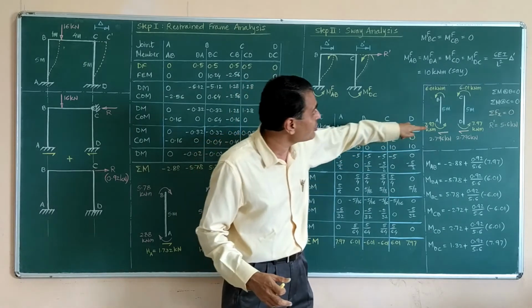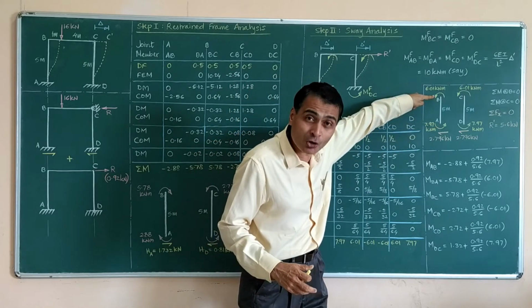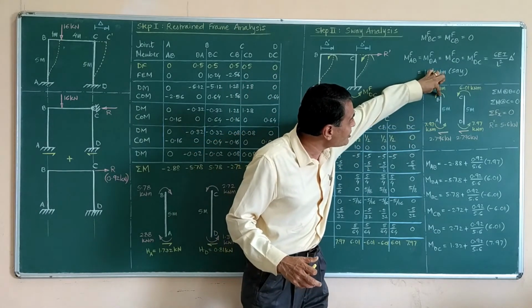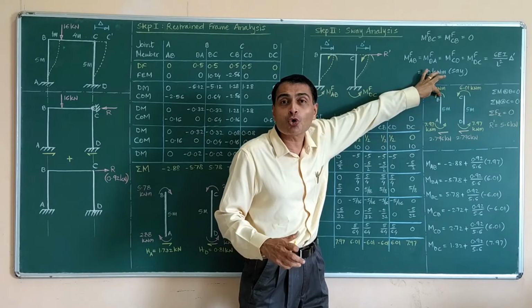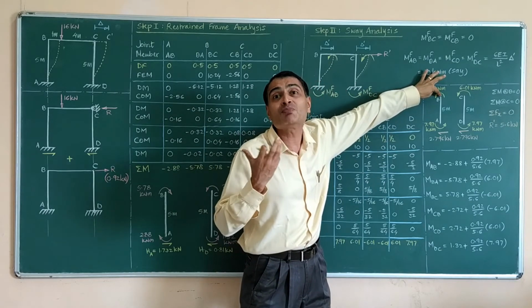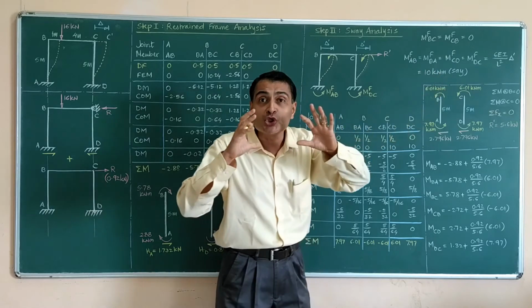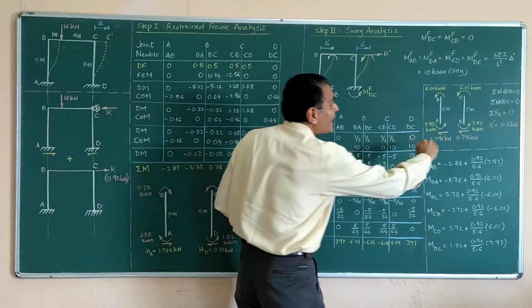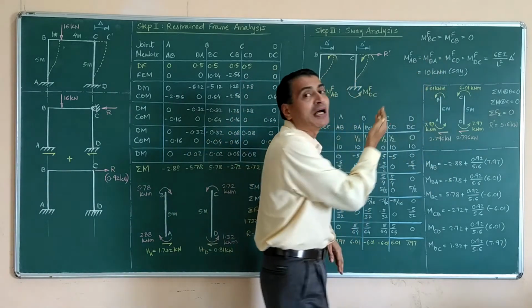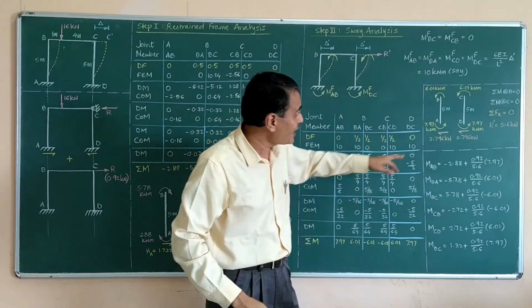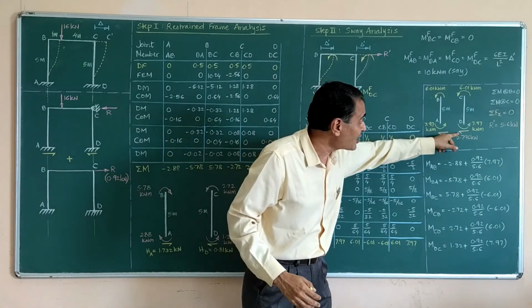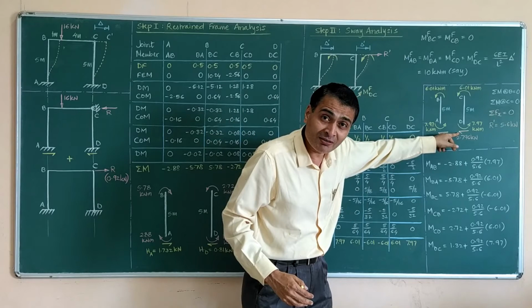Why leftwards? Since the total moment is anti-clockwise and I am taking sigma M about B equal to 0, for balance I need some clockwise moment. To generate that clockwise moment, I am assuming HA to be leftwards. So I show HA leftwards, I show HD also leftwards.